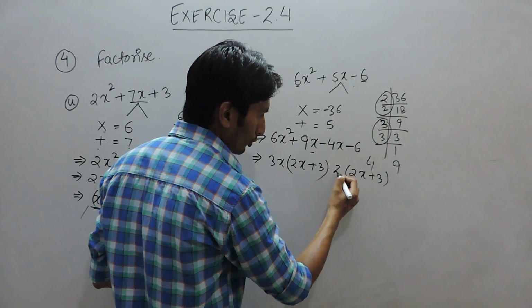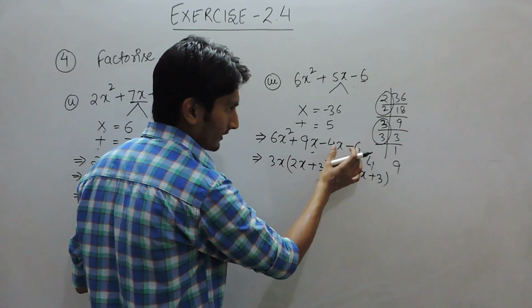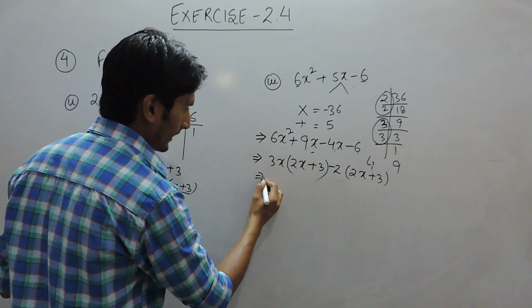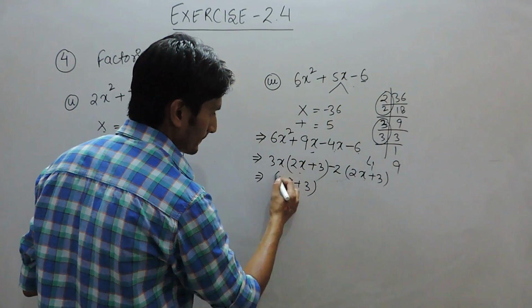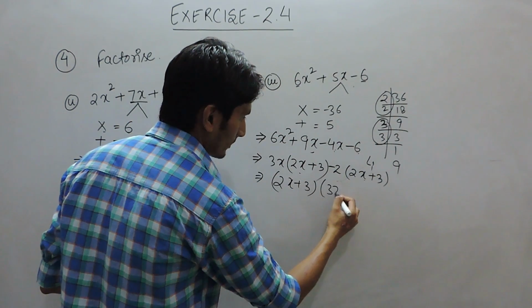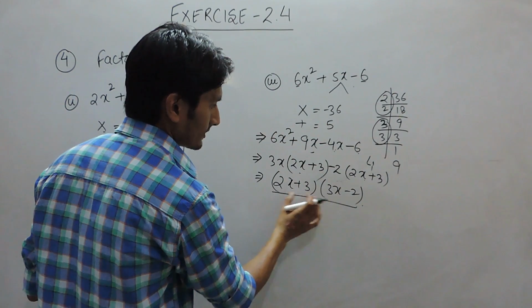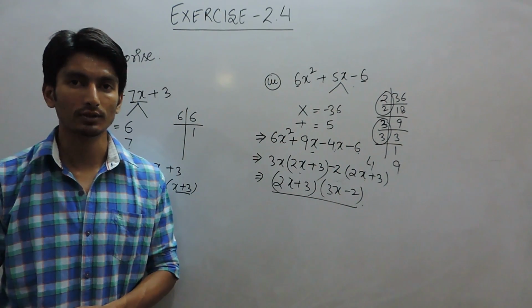So take 2 from these two and 1 negative, because when the negative sign is taken out, both will become positive. So again this and this is the same, so take this as the LCM, and inside the bracket only this much will remain. So the factor of this is this into this. This is how we can solve this particular question. Thank you.